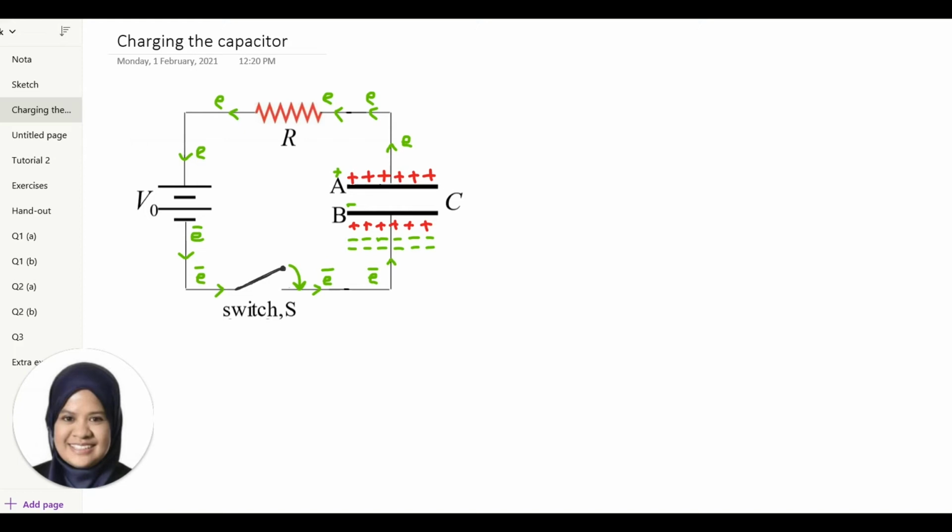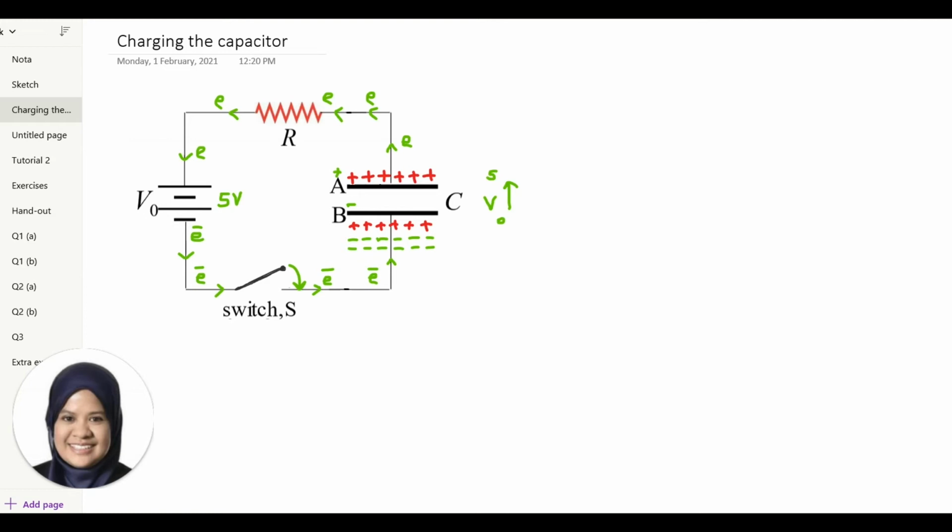memenuhi dah plate A and B, maksudnya voltage, katakan kat sini saya letakkan 5 volt of battery, lama kelamaan voltage saya akan bertambah daripada 0 sehingga 5 untuk charge up the capacitor.